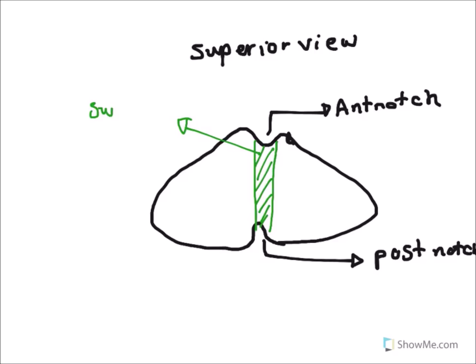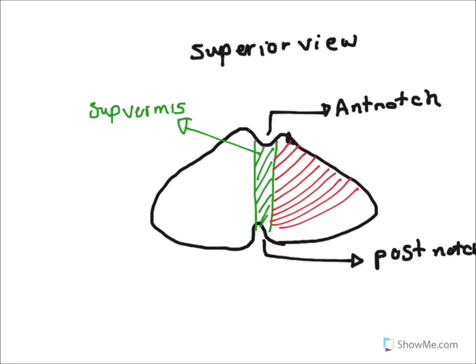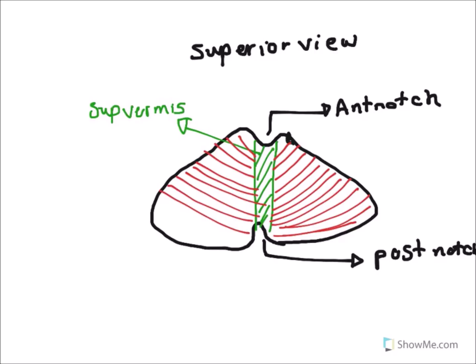So this is the superior vermis of the cerebellum, and the rest of the cerebellum is divided into folia. These folds of the cerebellar tissue are called folia of the cerebellum. And this is the cerebellar hemisphere. This is the right cerebellar hemisphere, and on the other side, the left cerebellar hemisphere.